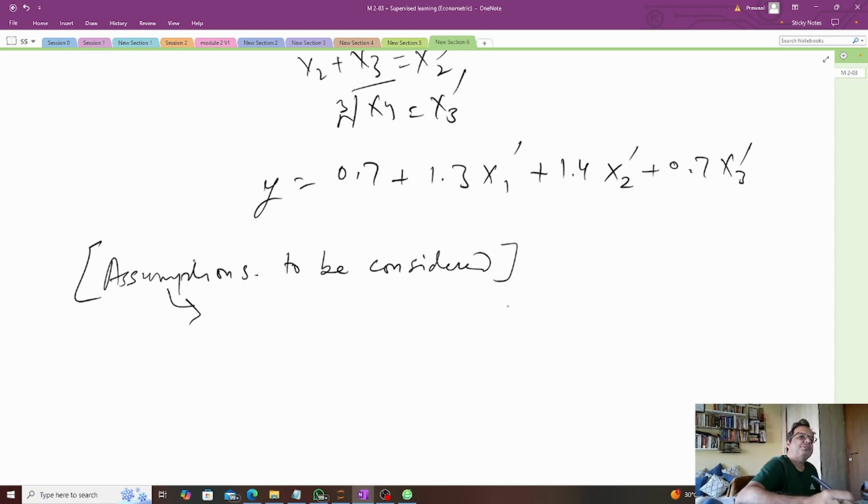Or you can also look at it from the point of view of what can be the potential issues. If these assumptions are not met, you cannot apply linear regression, and in that case you can say that these are some of the potential issues with regression, whether it's a single variable or a multivariable.